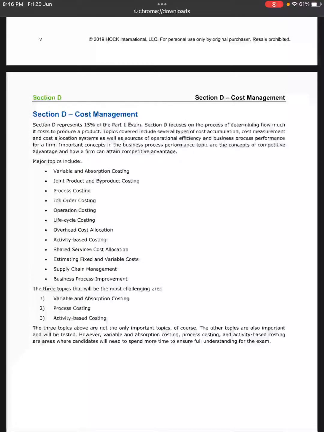Okay, the three topics that will be most challenging are absorption costing and variable costing. We will study what absorption costing is, what variable costing is, and what process costing and activity based costing are.